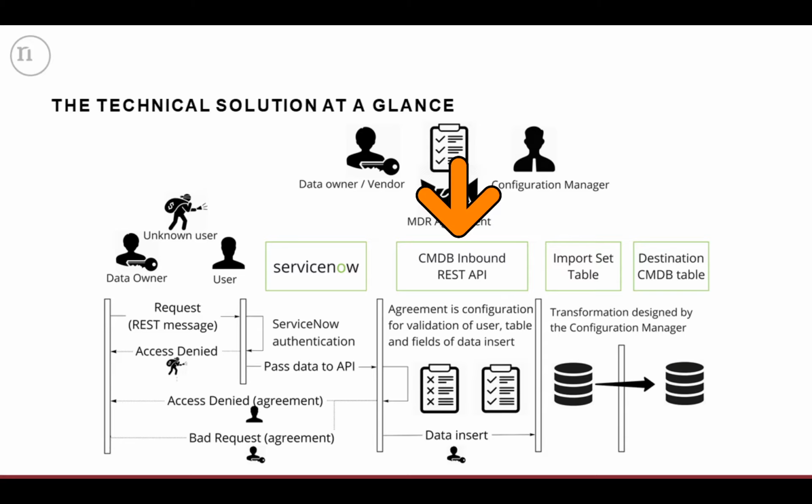That is, in terms of the user coming with the data itself, the target, and everything is evaluated. If everything complies with the agreement, we move along and store the information in an import set table. From that import set table, we can transform everything and store the information as desired in the CMDB tables. So that's just a short introduction to the technical solution at a glance.